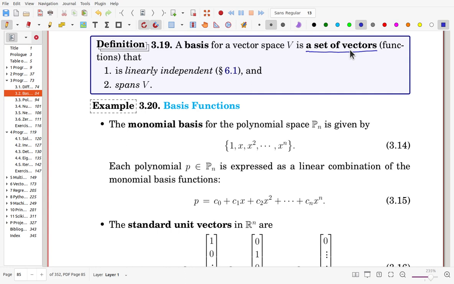We say such independence is linear independence.